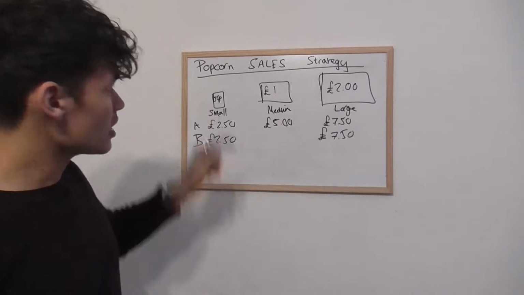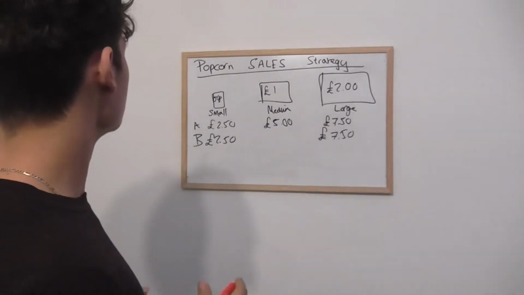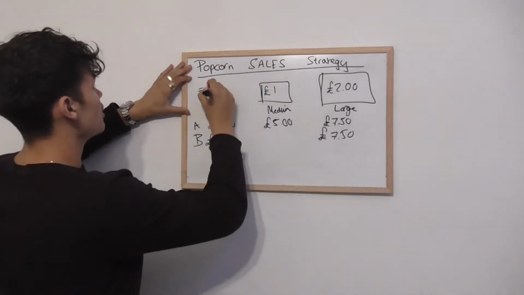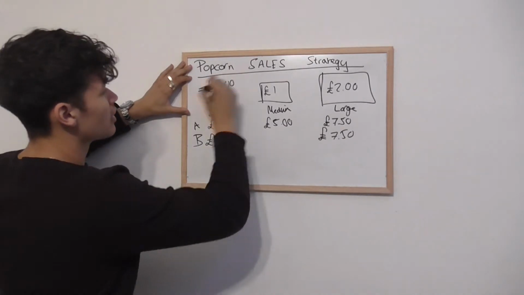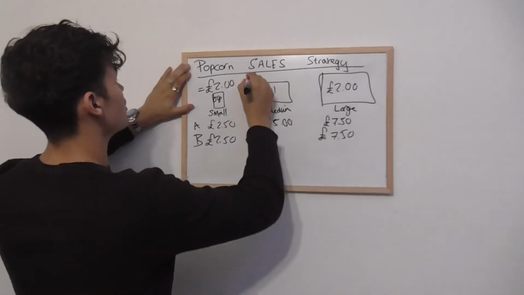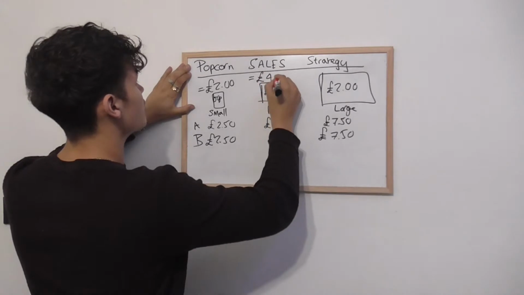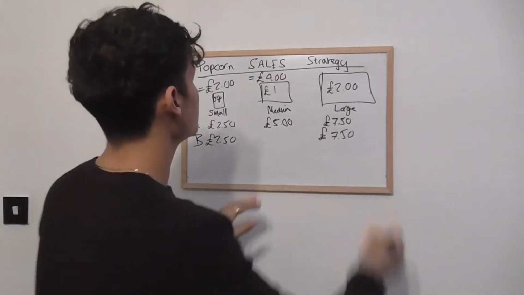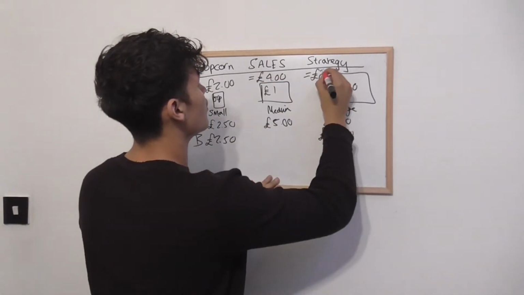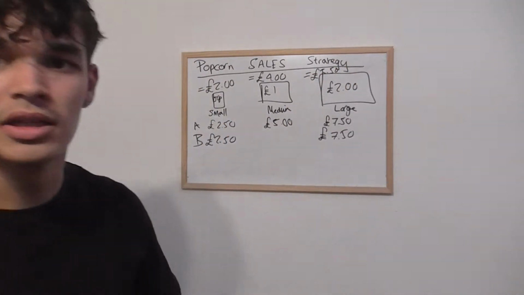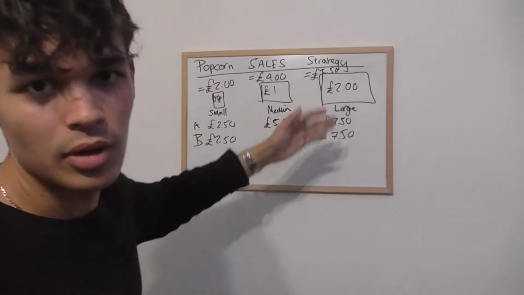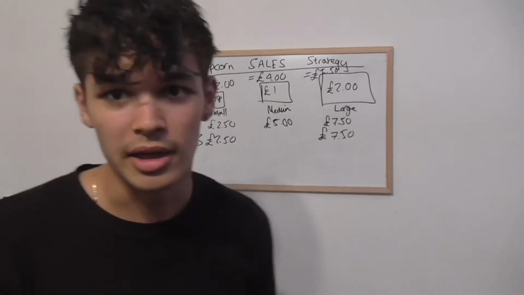So, what's our profit for the small bucket? £2. The medium bucket, £4. And the large bucket, £5.50. So here I demonstrate we're making the most profit from our large bucket.